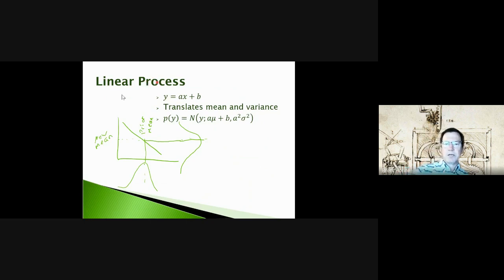So let's take a look at this, right? Here's a linear process. We got a straight line. This is our transform, right? And this might be our model that says, okay, if we have a certain input, then that's going to result in an output, and it's always going to be scaled by this straight line, right?